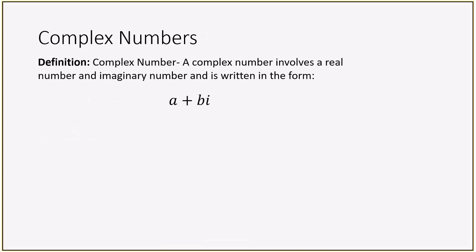Now, complex numbers. Complex numbers kind of encapsulate both real numbers and imaginary numbers. And so sometimes you could have a situation where you have 3 plus some sort of imaginary number, and that gives us this complex number. So by definition, a complex number is if you have a real number a plus a real number times an imaginary number, so b times i.